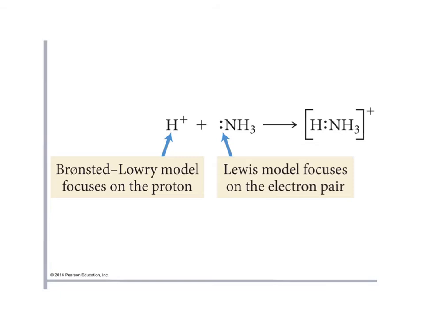So we talked a little bit about Bronsted-Lowry, and we've kind of been dabbling in both Arrhenius and Bronsted-Lowry, because Bronsted-Lowry is focused on the proton production and on the proton being attracted to bases, right? So proton donor, proton acceptor. The Lewis model looks at electron pairs.